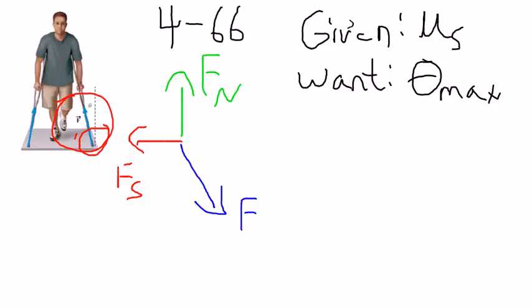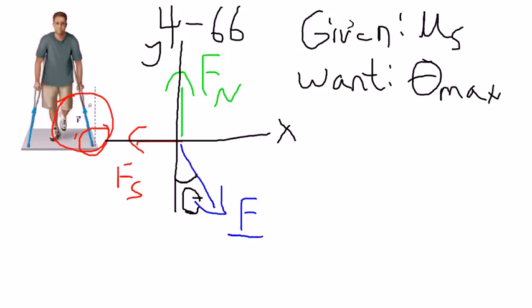So what we need to do then is label our axes for our problem, and if we want to use the forces to solve, we're going to need to break our force F into its vector components. Looking at this diagram, this angle here will be the same angle theta given to us in the problem statement.